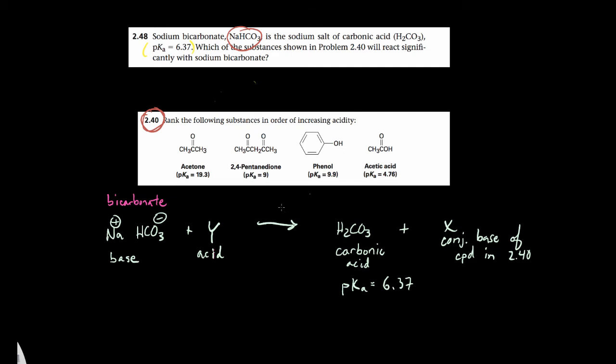So in order to say that a reaction has taken place, we really want to say that the equilibrium lies to the right and not to the left, because as we saw in the previous problem, if the equilibrium lies far to the left, we simply say that it's really not reacting or not reacting much. And so remember that the equilibrium lies toward the weaker acid.